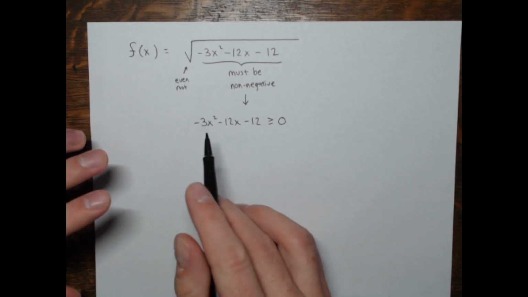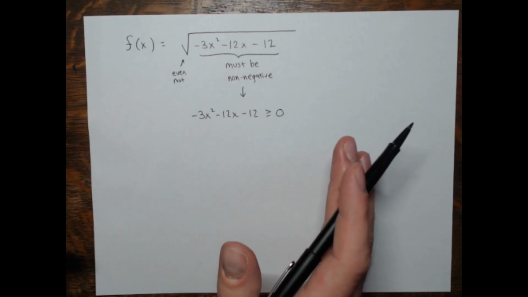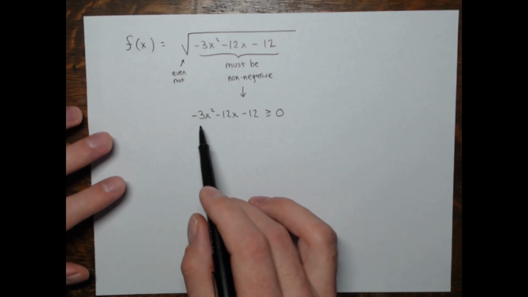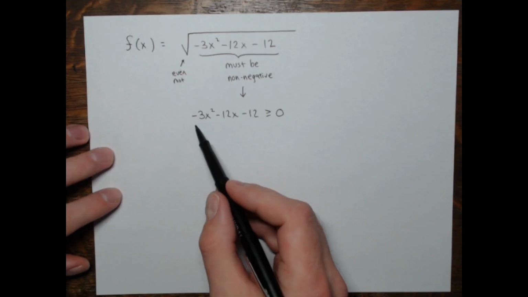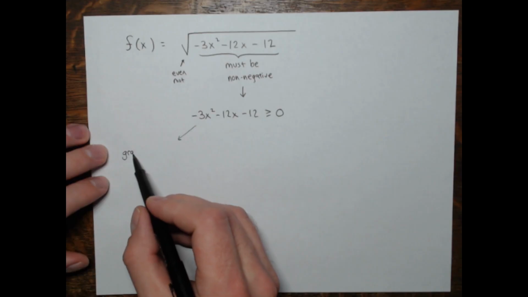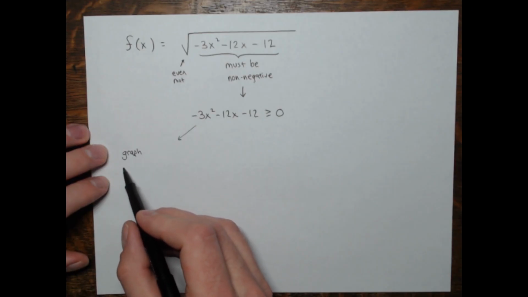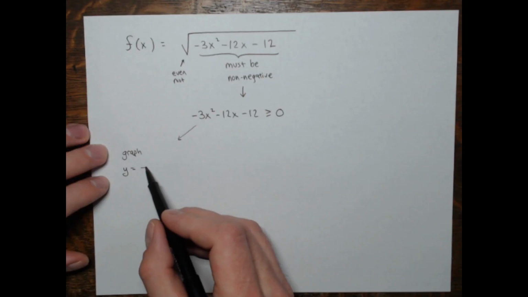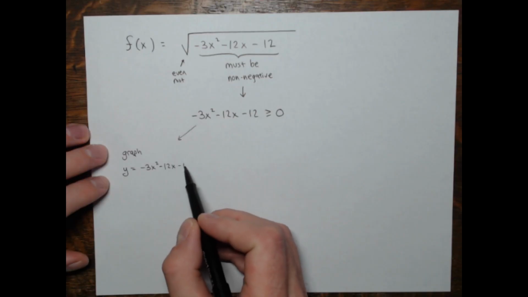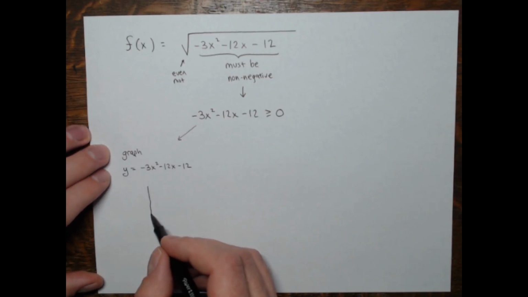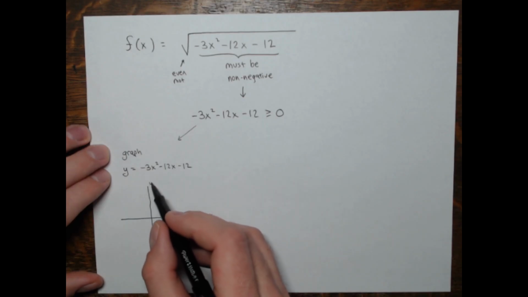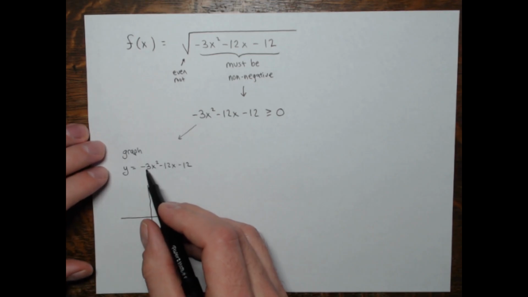Okay, so you might recall, again, I'm hoping this is a refresher, but from algebra class, pre-calc, how to solve quadratic inequalities. All right, if you were to look at the graph, this is just one way to go about it. If you were to graph y equals negative 3x squared minus 12x minus 12, that's going to be some parabola opening down, right? The lead coefficient is negative.